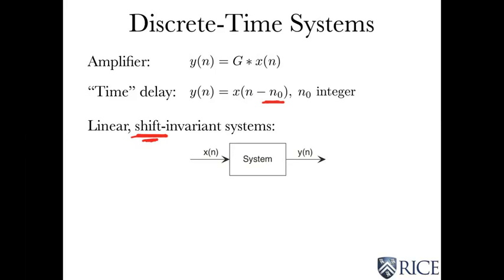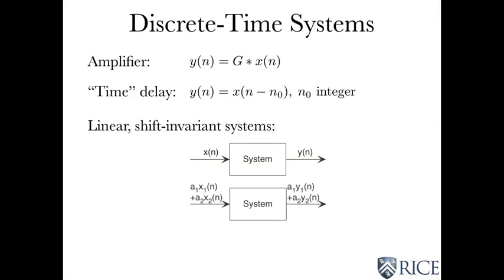So the linear part of the definition is the same as it was for analog. Superposition applies. Whenever you express an input as a sum of simpler signals, the output is equal to the superposition of the outputs that you got when you put each one in alone. So nothing changes at all. And shift invariant is the same basic form as time invariant.